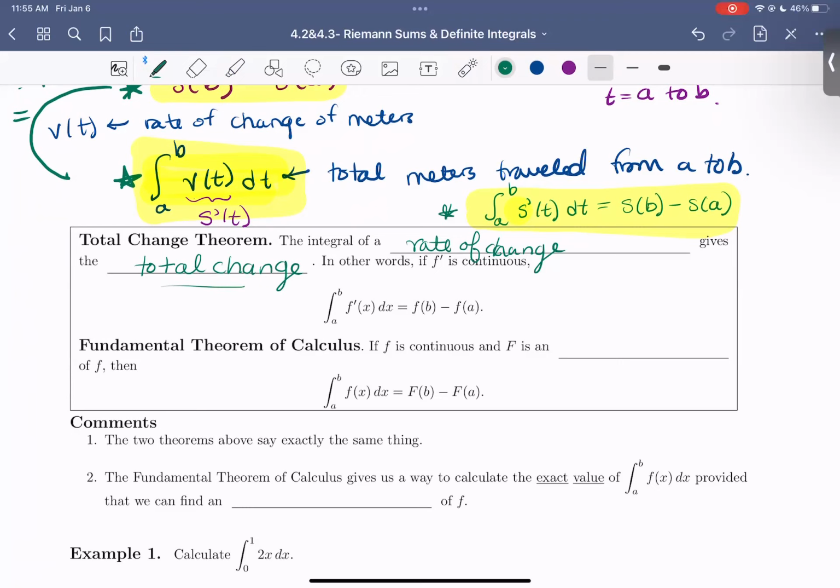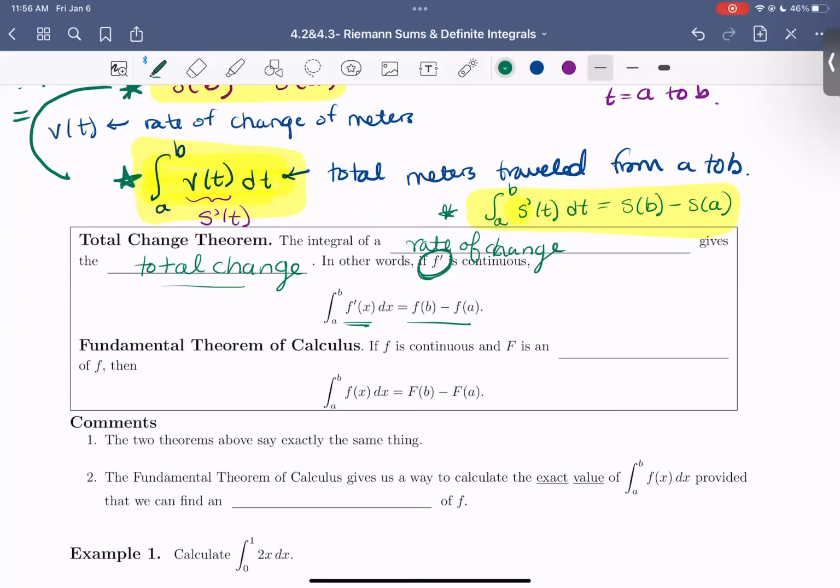In other words, if f prime, the derivative function or the rate of change function, is continuous, then the integral of the rate of change is equal to the change of the function, f of b minus f of a.